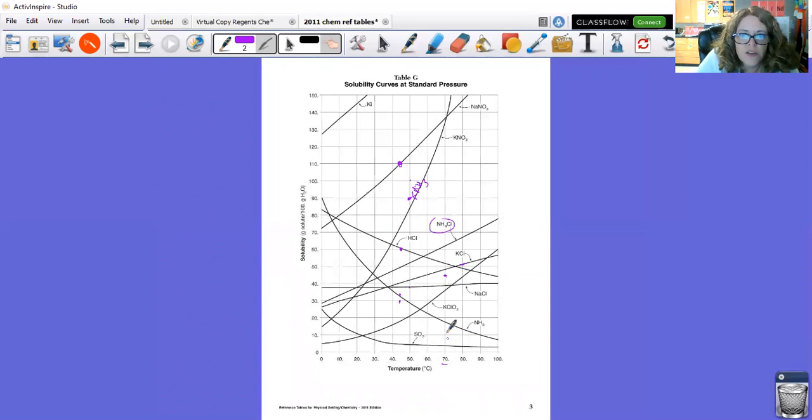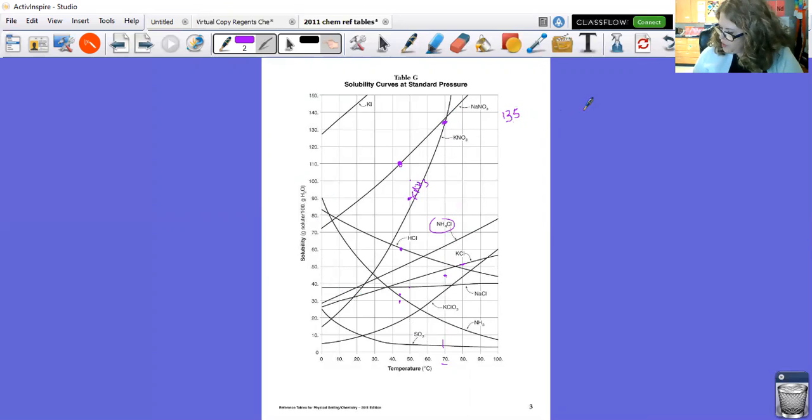So at 70 degrees, a saturated solution of potassium nitrate is about here. So that's about, let's say, 135.